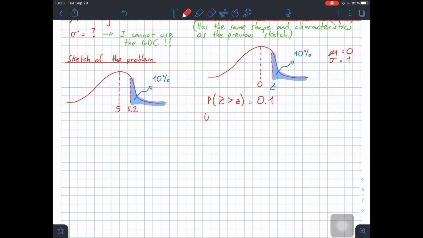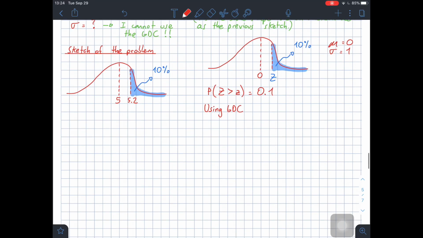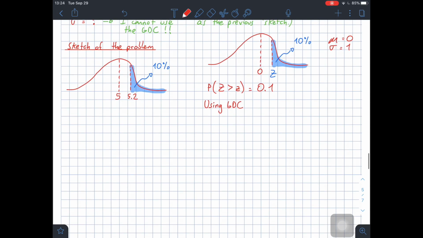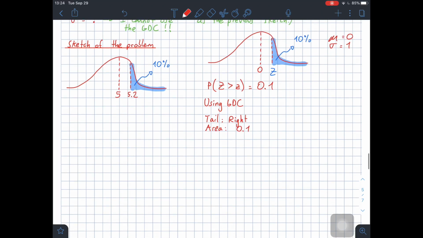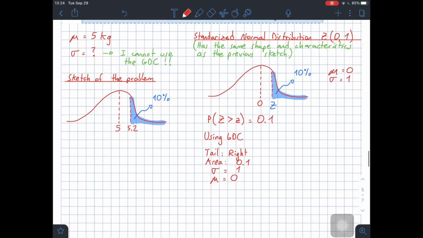Using our GDC, we follow the same steps as before. Our tail is to the right, the area we're looking for is 0.1, the standard deviation is 1, and the mean is 0, since we're using the standard normal distribution.